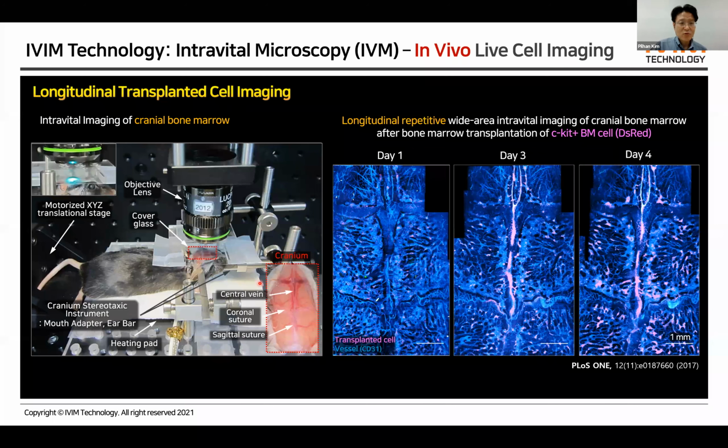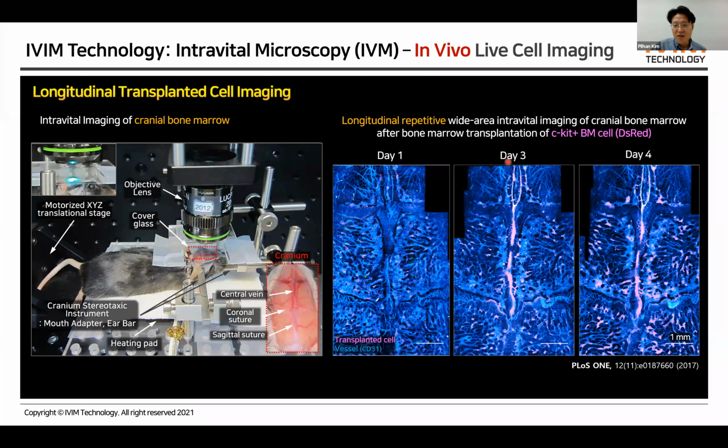In this example, we did cranial bone marrow imaging in a single mouse from day 1 to day 4 after the transplantation of these red color bone marrow cells.